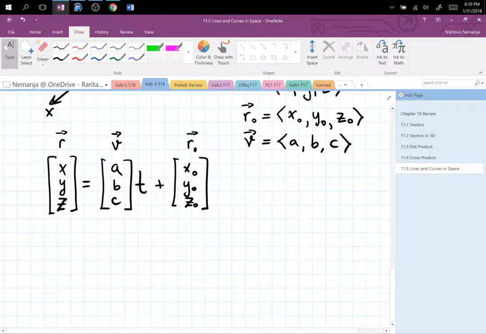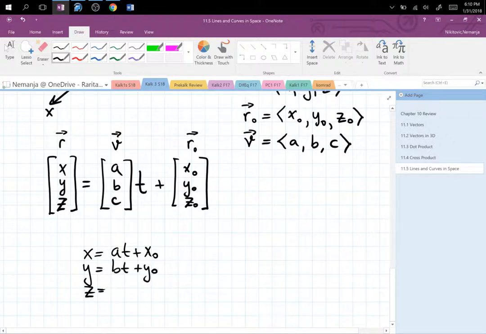The first line is going to give you x equals at plus x0. The second line is y equals bt plus y0. And the third line is z equals ct plus z0. Hello, parametric set of three equations.